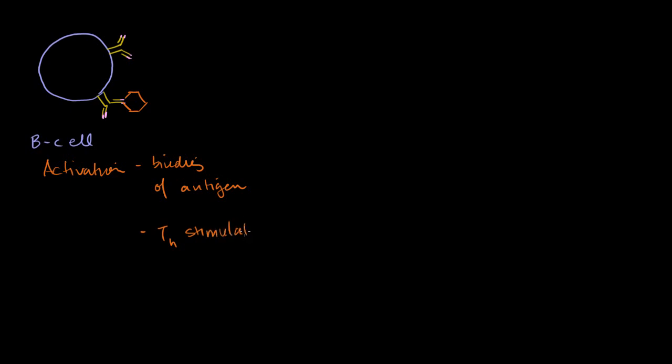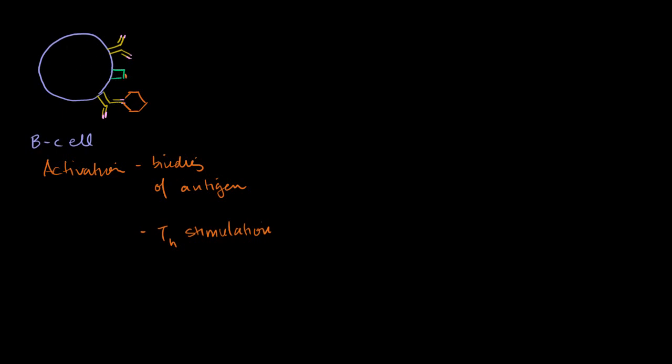And you might say, where does the helper T cell stimulate this guy? Well, B cells are also antigen-presenting cells, so it'll suck this guy in, break him up, and present him on an MHC2 complex. Let me do it someplace where I can draw a T cell coming in. Let's say this is an MHC2 complex. This guy gets cut up, part of him gets presented right here.